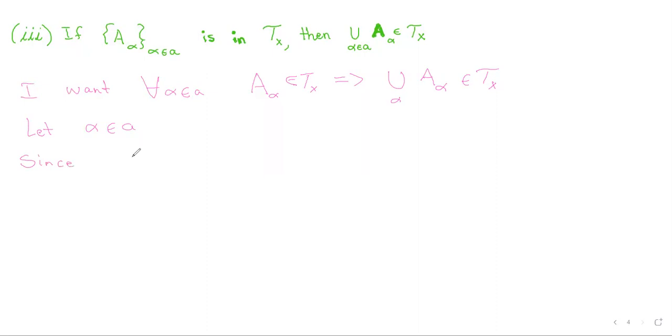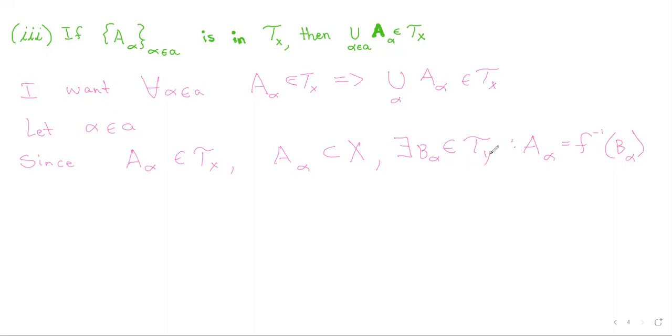since A alpha is in topology X, then we have that A alpha is a subset of X such that there exists a B alpha in topology Y that gave us the inverse image. So A alpha is the inverse image of B. So we've been using that.